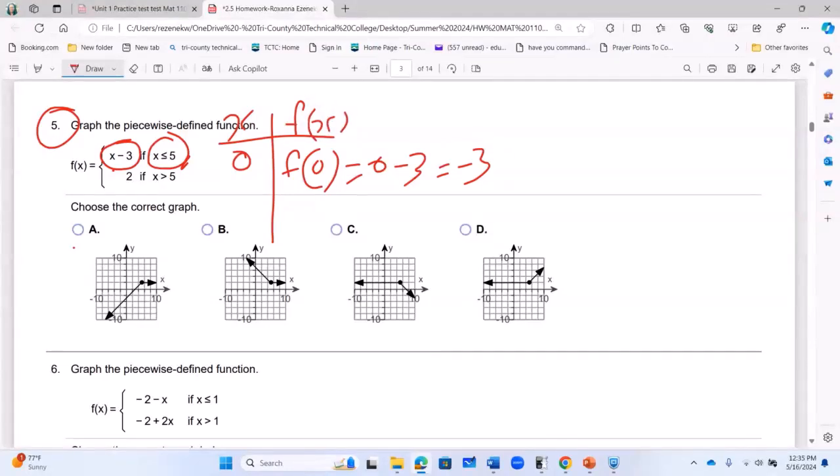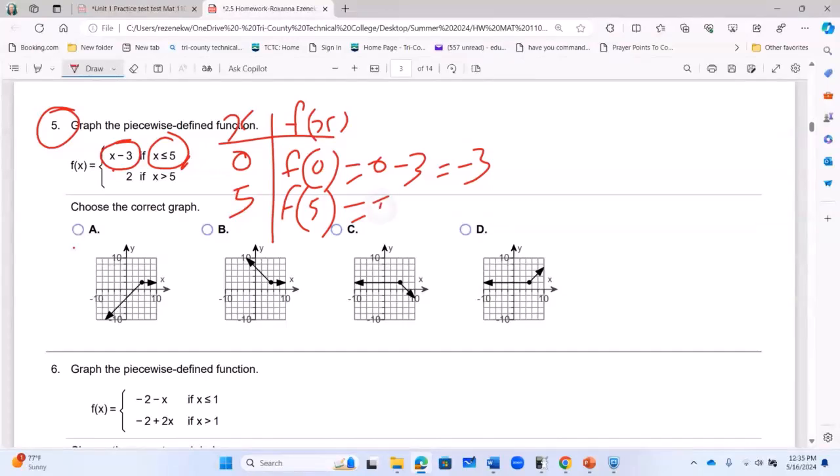Okay, and I want to pick another point. Because it's a line, I can only use 2 points. So I know that 5 is included, so I'm going to put 5. So f of 5, I will plug into the first piece.